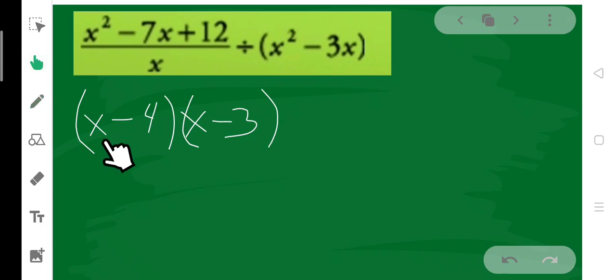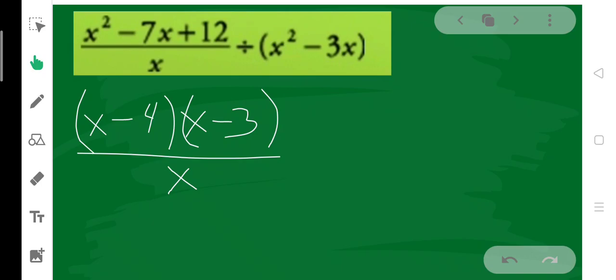And why did I use these factors? Because x times x, that is x squared. Negative 4 times negative 3, that is positive 12. And then, negative 4 and negative 3, when combined, we have negative 7. Then, just copy x in the denominator. Then, for this one, x squared minus 3x, the denominator is understood to be 1.